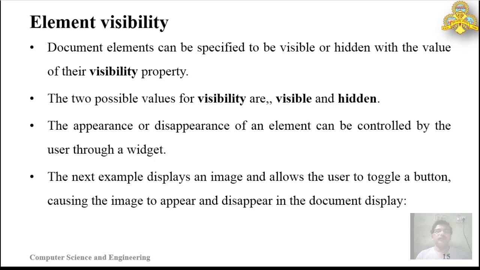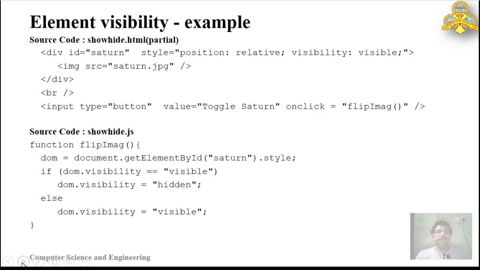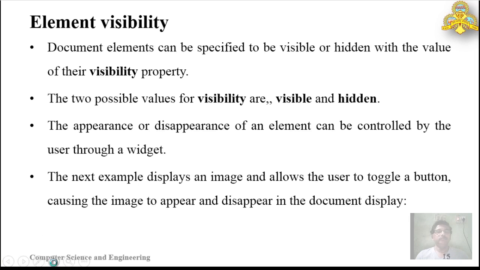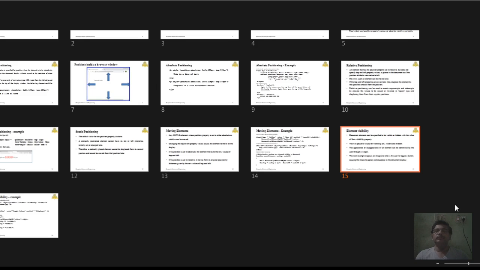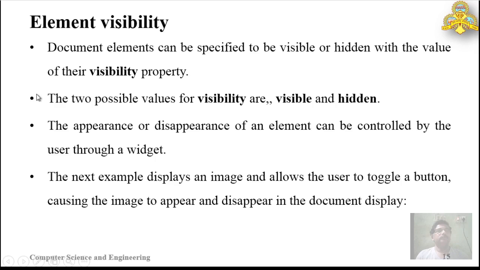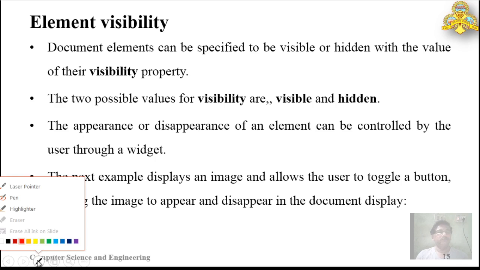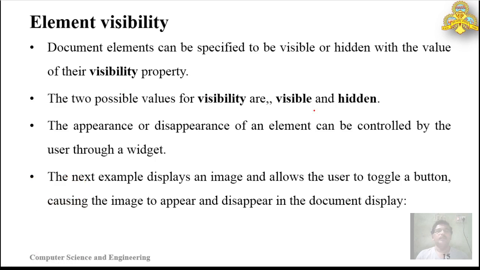The possible values here are visible and hidden. And we have to change this at a particular instant, either by writing timer controls, or we can do it for a click event.